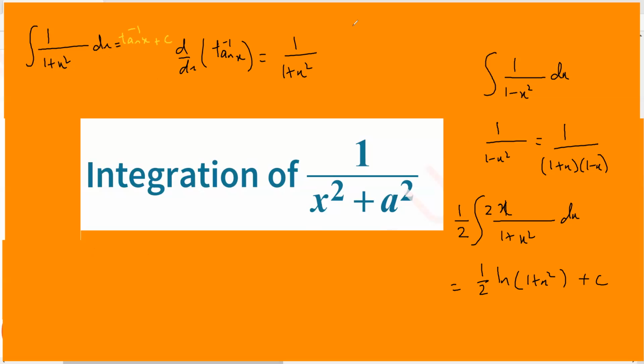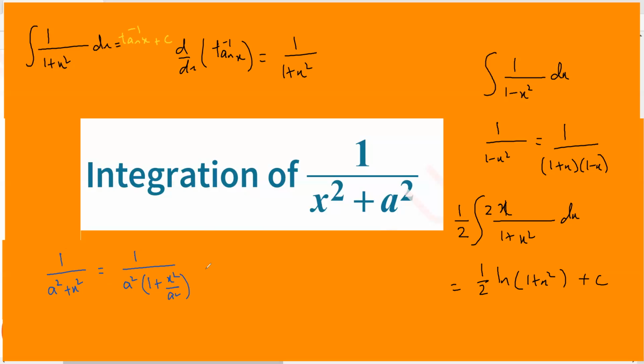Now you have this 1 over x square plus a square. Okay, right? So let us write it as 1 over a square plus x square. You must always have 1 plus and then something square over here. So we'll be taking a square common from the denominator. This is 1 plus x square over a square.